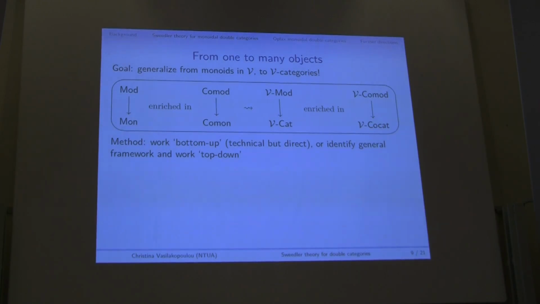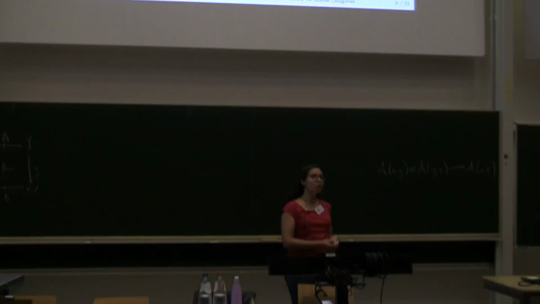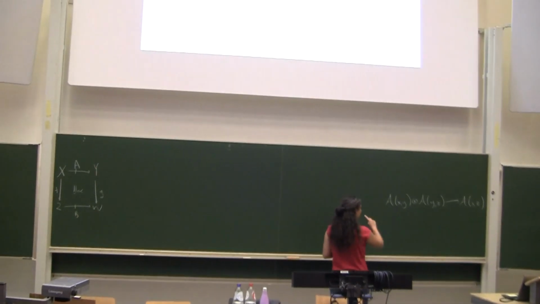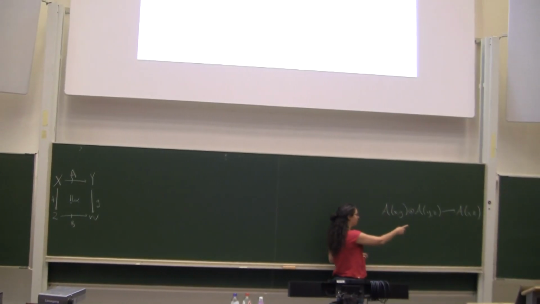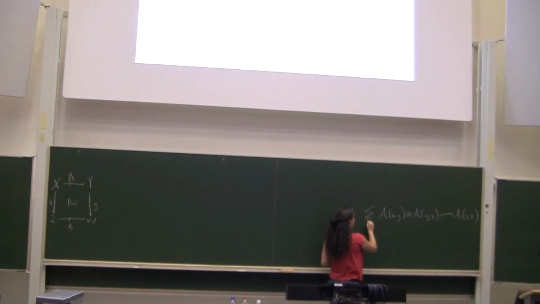Excellent. Okay, so let me give you a little bit more details of what's happening on the right. The categories we all know, or we've seen, or we've heard of. So let me just say what I wanted to say here very quickly. So the composition rule looks like this, okay? This is all happening inside V. Now, if my monoidal category V has coproducts, then equivalently these maps, because they are there for every x, y, and z, can be packaged by inserting a sum here.